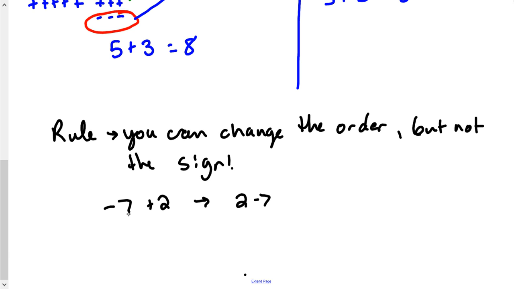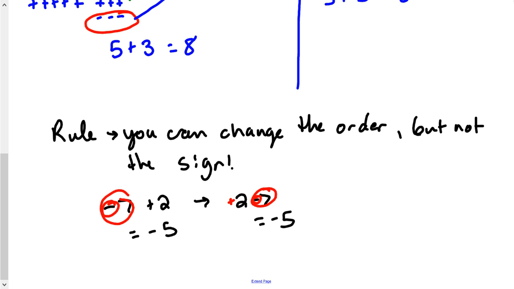One of these might be easier for you to understand, and whichever one is, that's the way you should be writing it. As long as you keep it the same, you're good to go. Because this -7 and this -7 need to have that little negative sign with it because it belongs to them. There's technically a little plus sign here too.